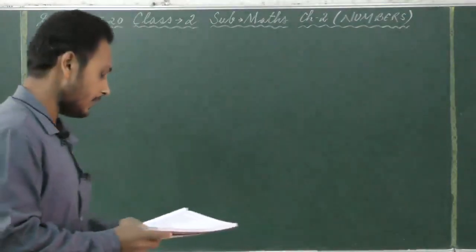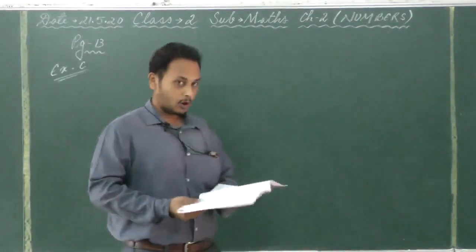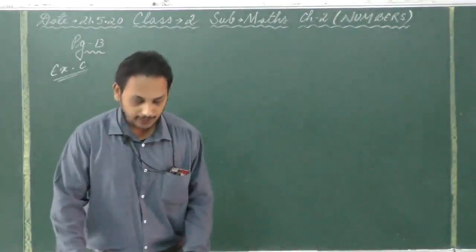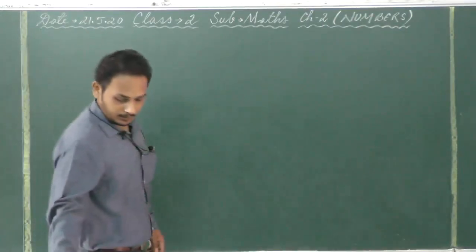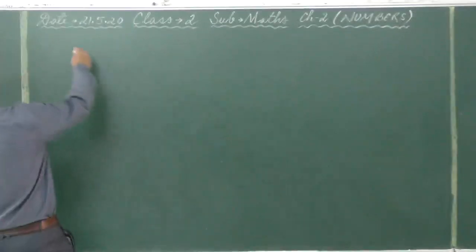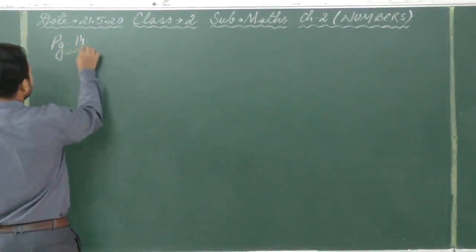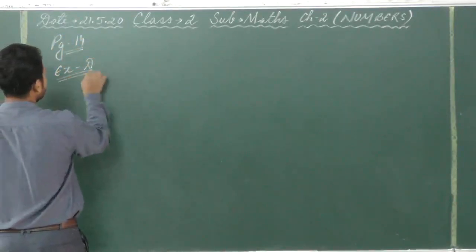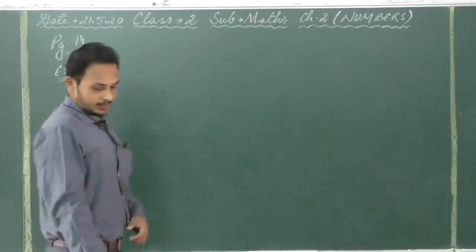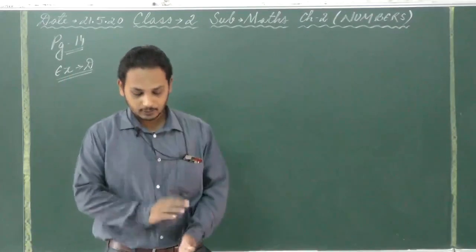Okay? Now we move to the next topic. That is on page number 14. Now on page number 14 we have exercise D. Now what is given here, you see.